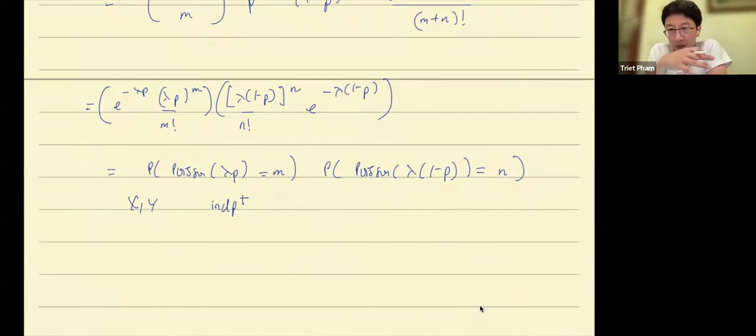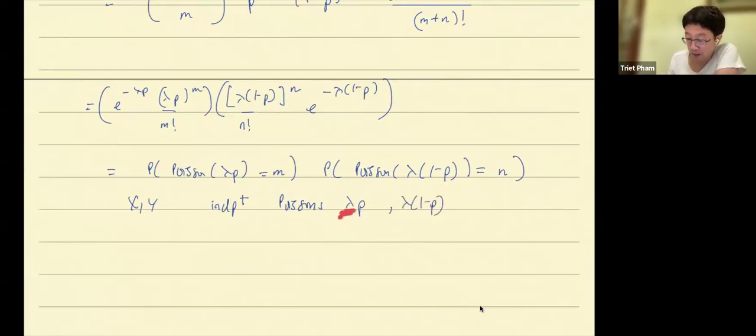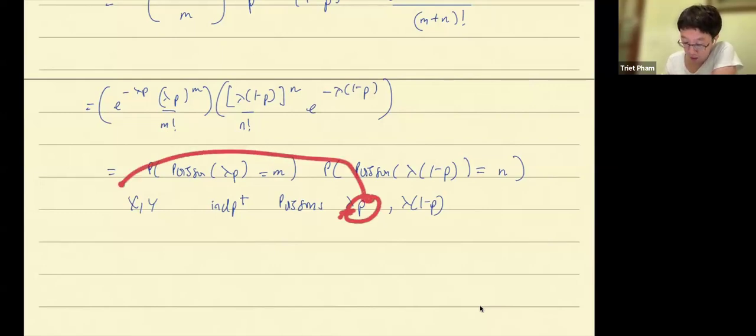So it's not just that obviously they must be the case. But here they are: the number of males and females are independent Poissons. And the rate will be the total arrival rate times the proportion of the type accordingly.